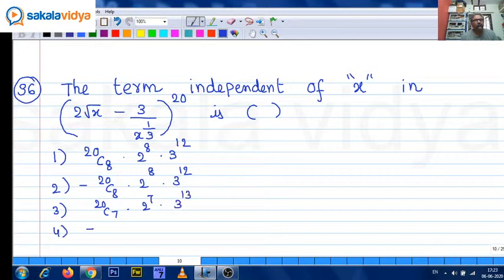Fourth option minus 20c7 2 power 7 3 power 13. First what we need to find out means which term of the expansion is independent term, that we need to decide.